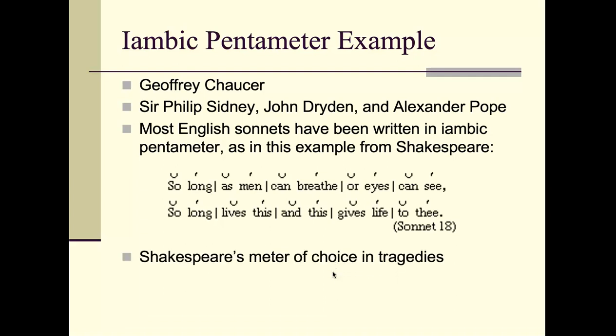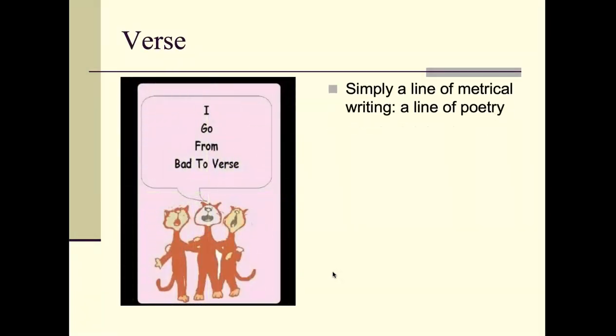The use of iambic pentameter is really highlighted in Shakespeare's tragedies, and he also uses blank verse there as well. So let's talk a little bit more about verse. It's simply a line of metrical writing, a line of poetry.